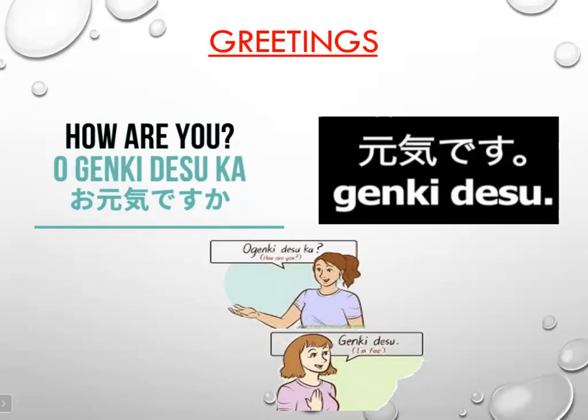How are you is o genki desu ka, and I am fine is genki desu. Then we will say thank you, that is arigato gozaimasu, and then after having our conversation we will say goodbye, that is sayonara.